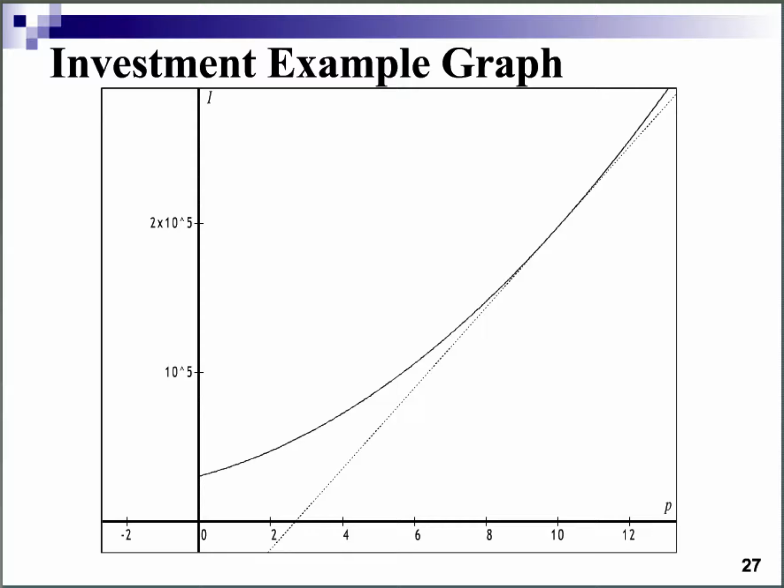So here's a picture. You can see here the curve is the actual income function. It's part of a quadratic. Along the horizontal axis you have different percentage rates of annual return, and then along the vertical axis you have total income. So notice when p is equal to 10, then we're going to draw a tangent line at that particular point.